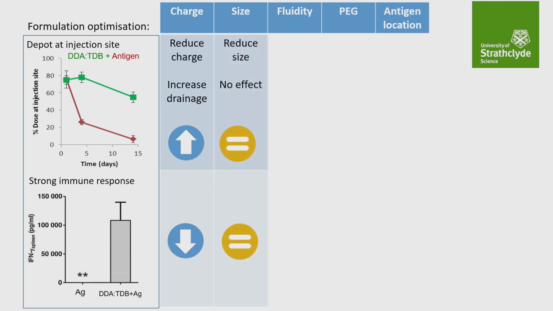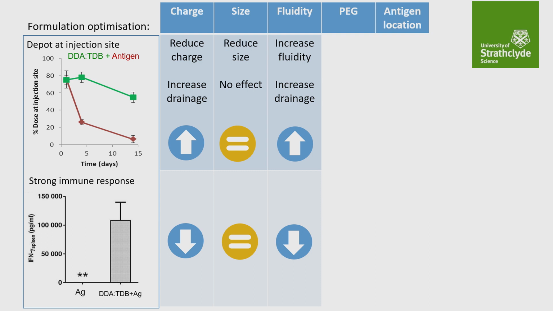In terms of size with cationics, it really doesn't matter. If we take the size down from large to small, they sit at the injection site the same. We've taken them down from about 500 nanometers to 100 nanometers, and we didn't see that difference in movement, probably because they're aggregating and they're still quite large. It made no difference to how they move, and it made no difference to the immune response.